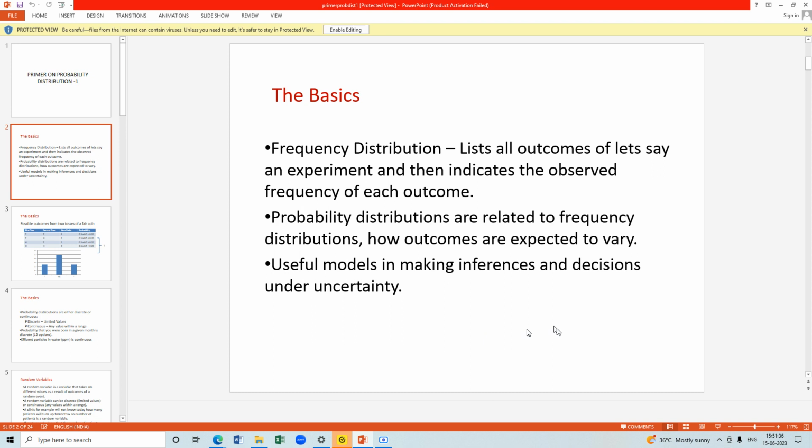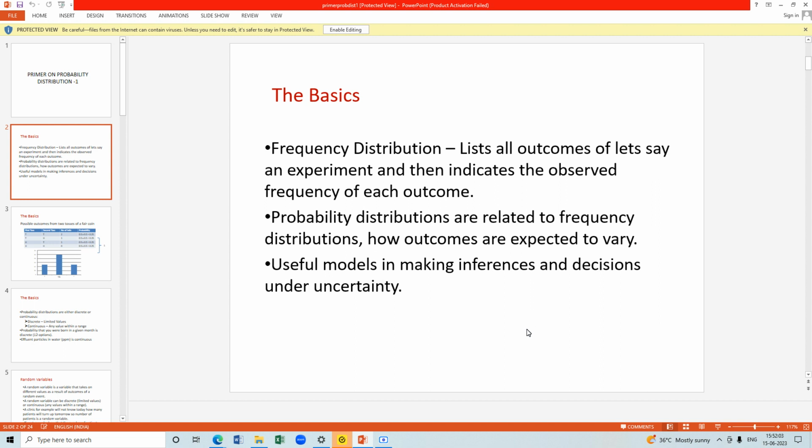The first thing you need to know is the concept of frequency distribution, which basically lists all outcomes of an experiment or a survey. For example, you could take a class of 15 students and slot them into different buckets based on their weight. That becomes a frequency distribution.